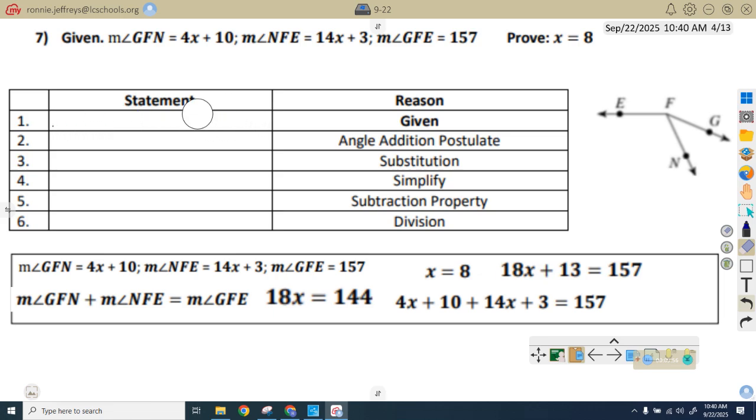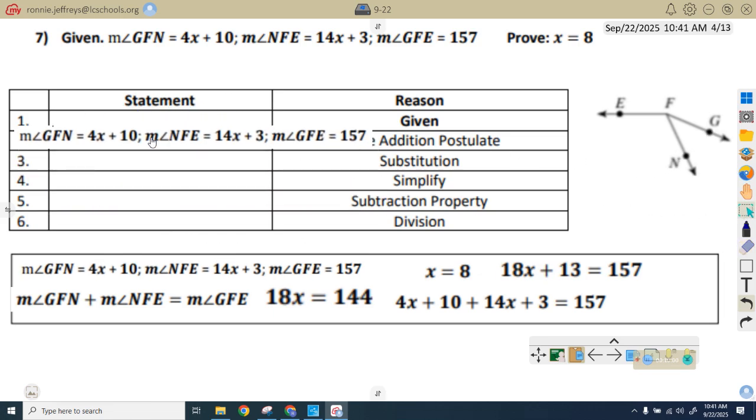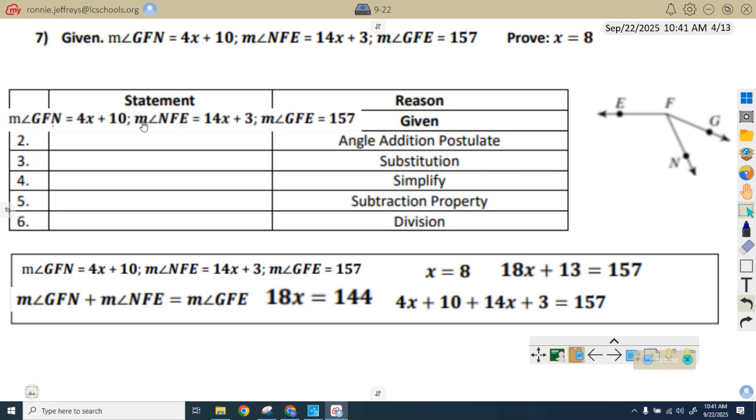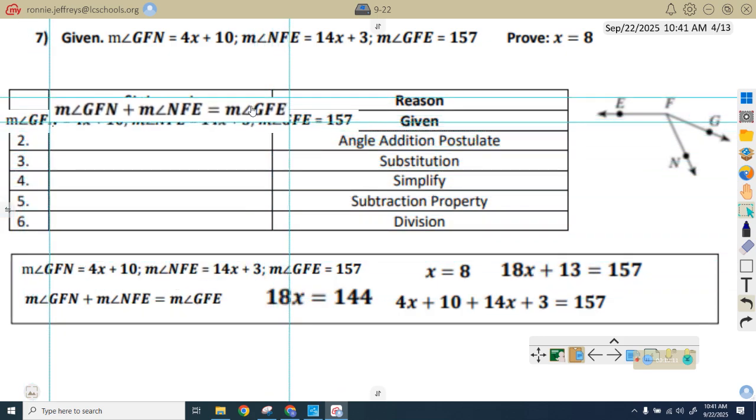This is our given statement. We go from this. It says angle addition postulate. Which one of these says this angle plus this angle is this angle? Well, this.